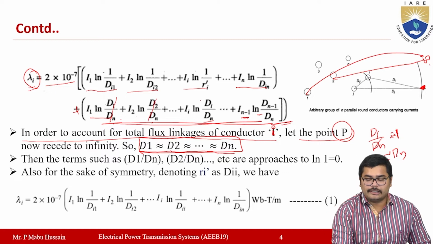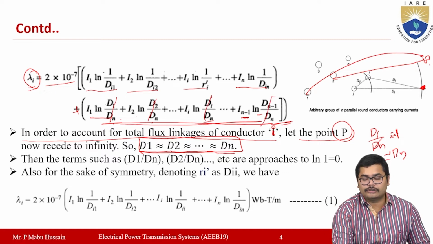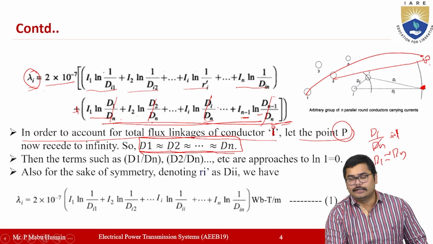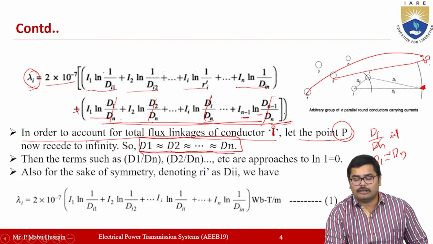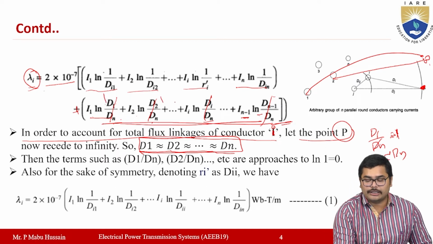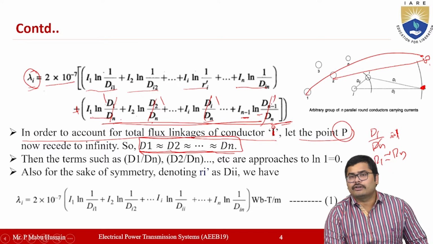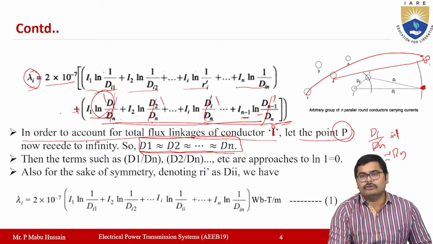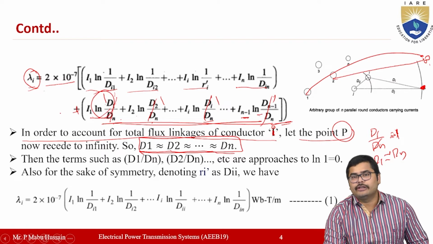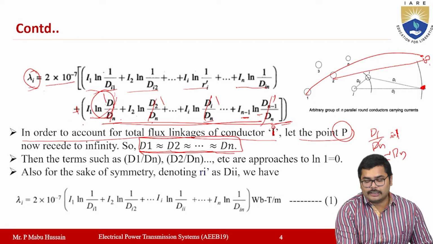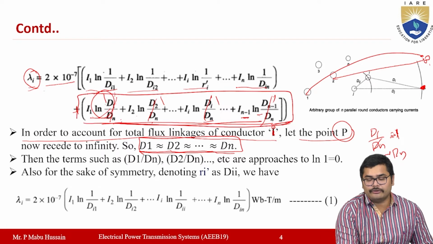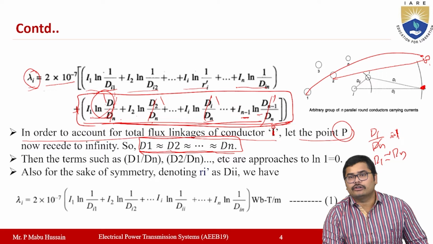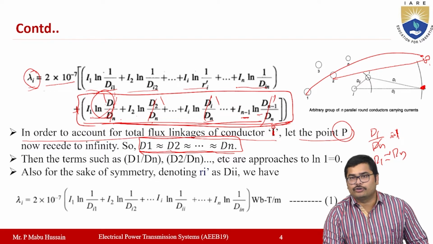So in the second term, all the values, d2 by dn, di by dn, d(n-1) by dn, will become equal to 1 if you consider point P at infinity. Now the ln 1 value, as you know, is equal to 0. So this total second term is going to vanish. The total second term value will be 0 only.